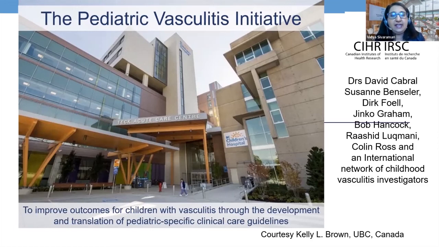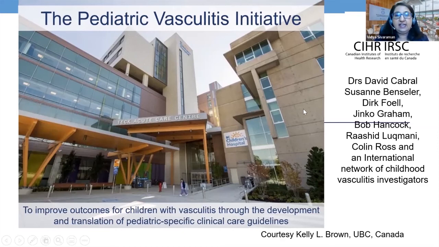He is also the principal investigator for the registry that connects information about outcomes for children with vasculitis, and we're helping develop different treatment plans and different forms of research to really be able to improve our clinical care for children with vasculitis.